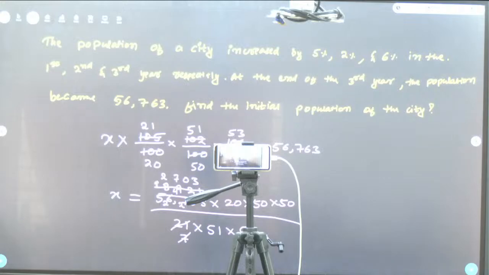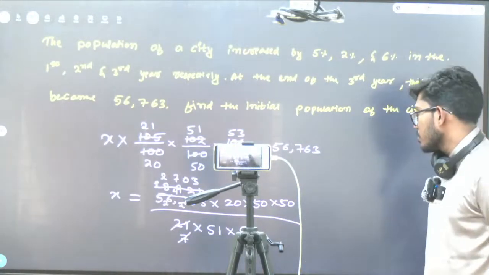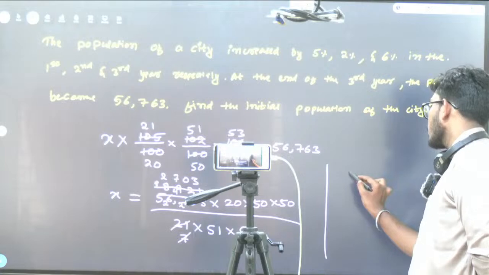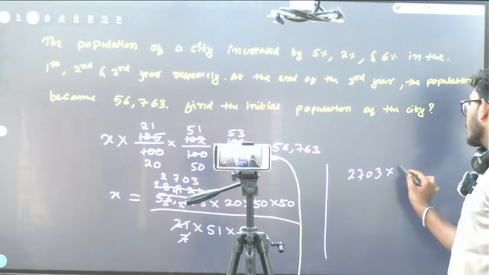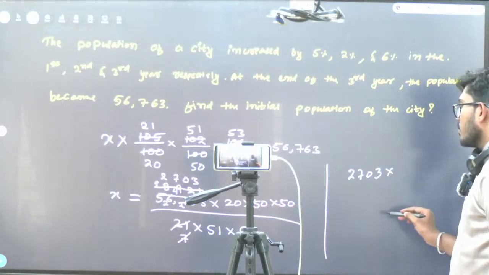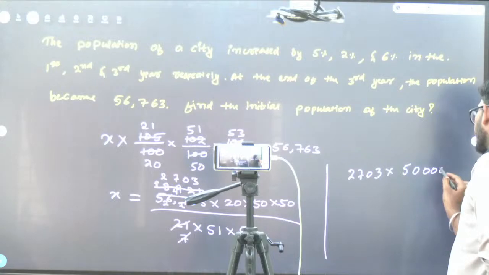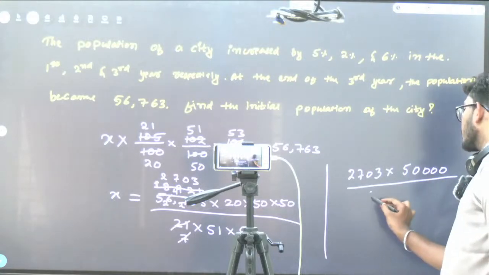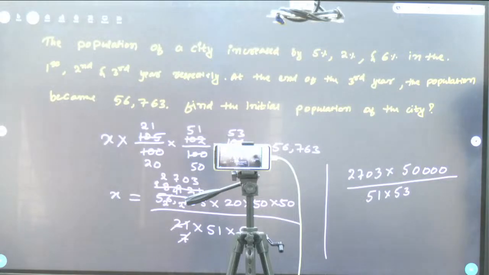Right, next. The next one is 2703 into 100. 5 5s are 25, 25 2s are 50, 3 zeros, divided by 51 into 53. When you multiply 51 into 53, what do you get?